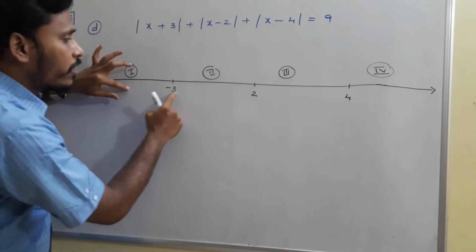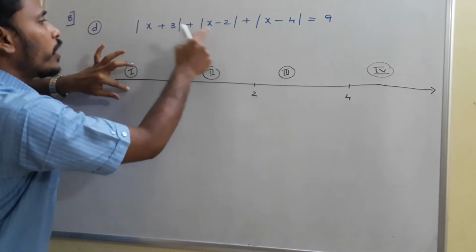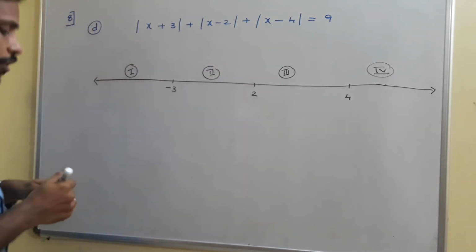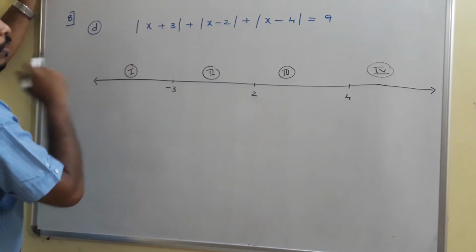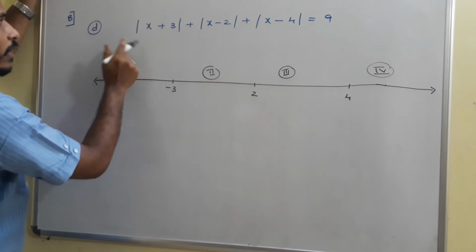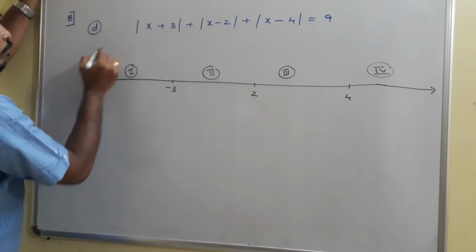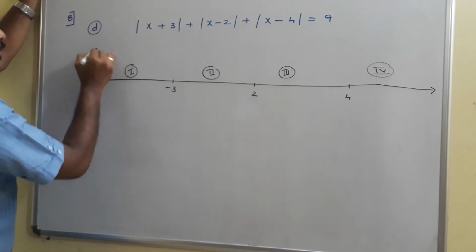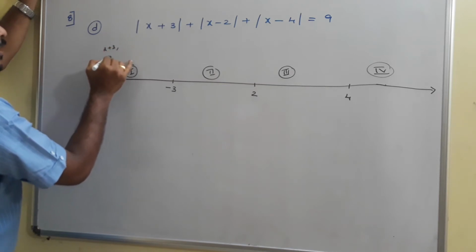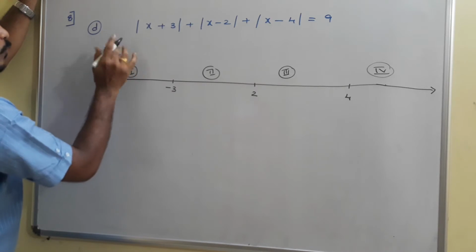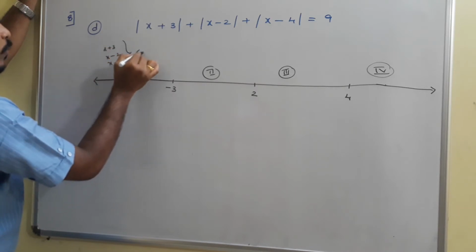Since x is on the left side of these three numbers, these three expressions are negative in this region. That's what we need to identify. So everything is negative. Otherwise you may write like this: x minus 3, x minus 2, x minus 4 all are negative in this case.